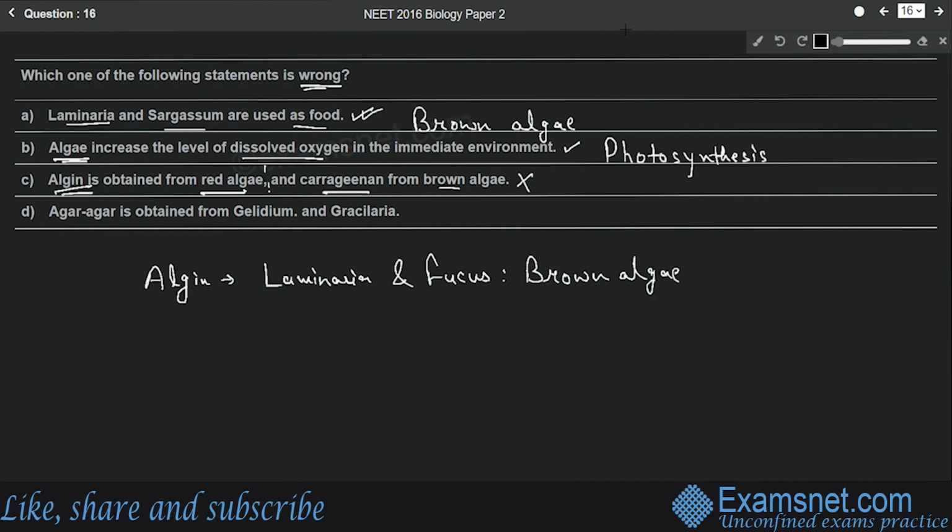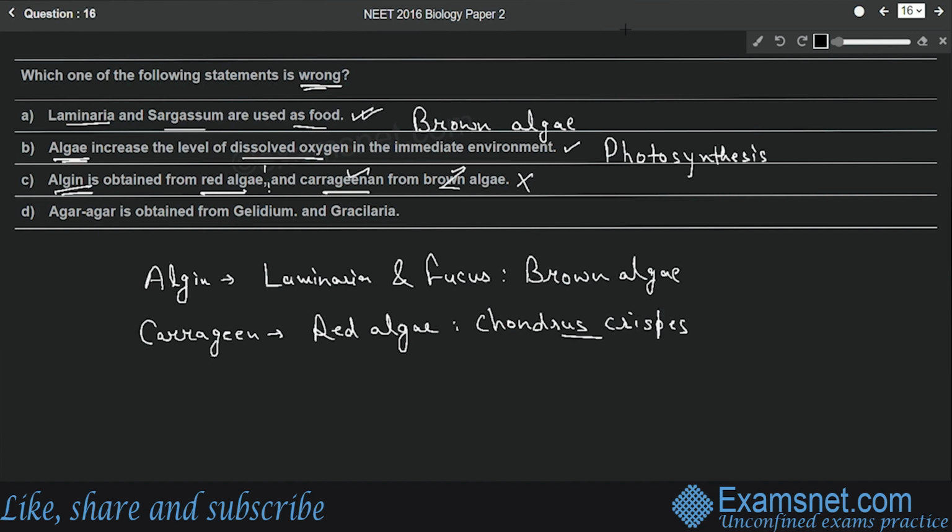The second part of this statement is that carrageen is obtained from brown algae. This is also incorrect because carrageen is obtained from a red algae, not brown algae, and that is known as Chondrus crispus.